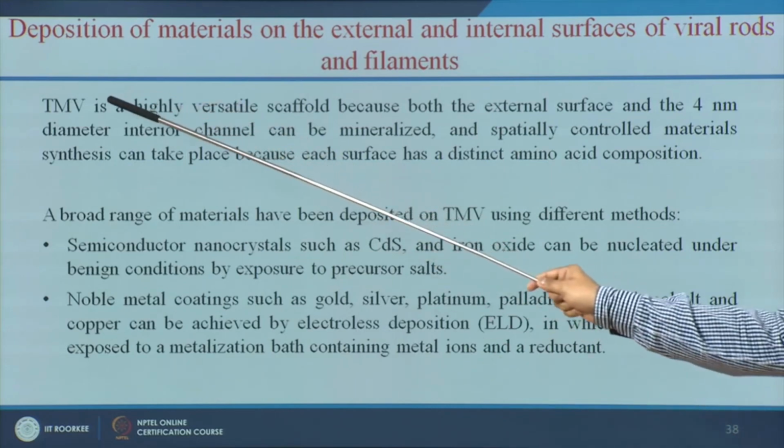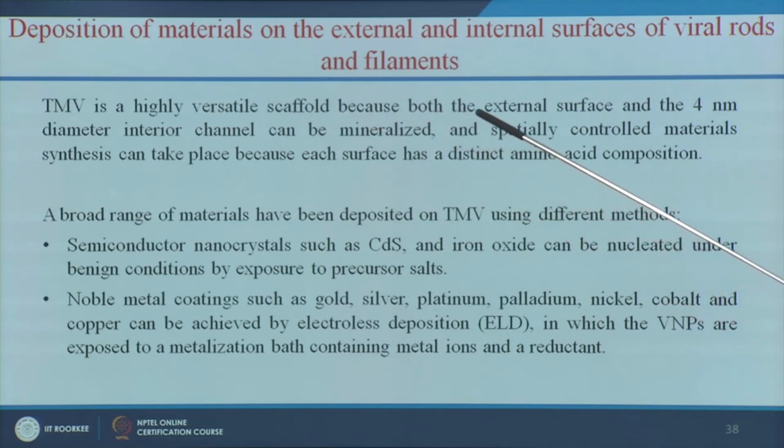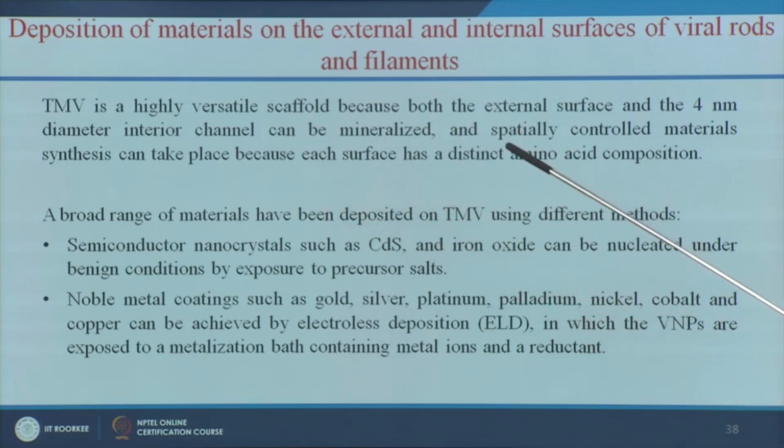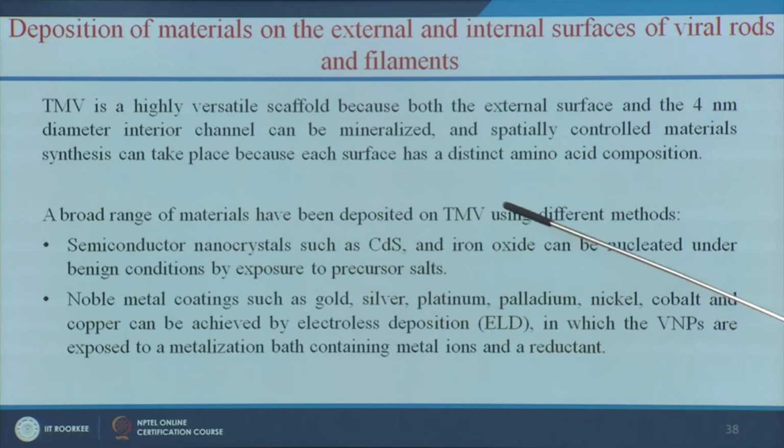So this TMV virus is a highly versatile virus because it has an external surface and an internal surface, and both the external surface and the internal surface have a capacity to mineralize. Okay. So the interior is only 4 nanometers, and again we can deposit a broad range of materials on this TMV.